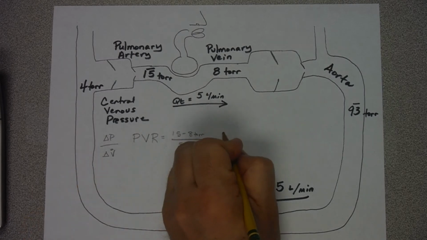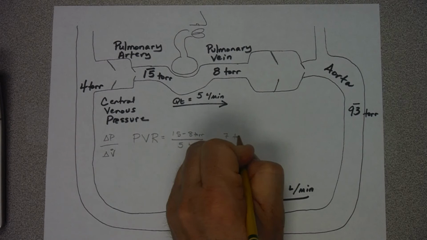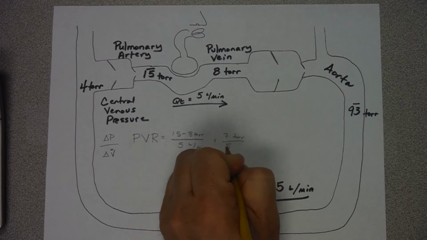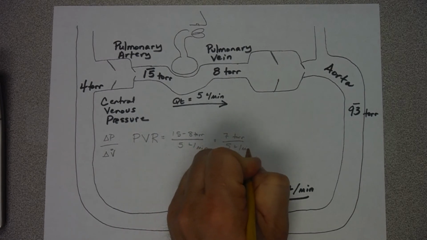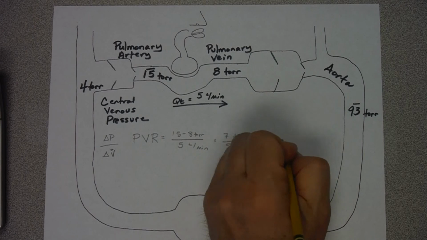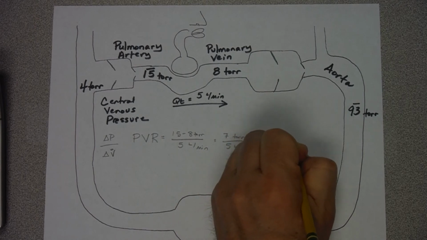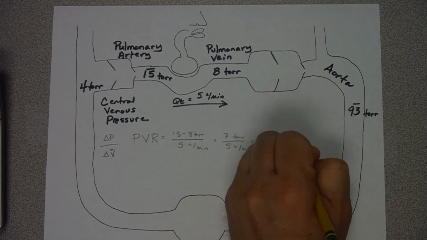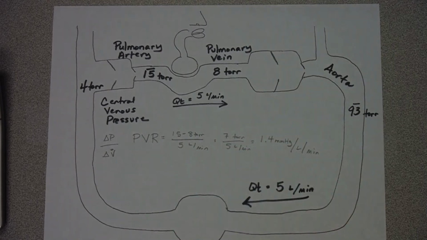Simple as that. When you solve, you'll see 7 torr over 5 liters per minute. I think the math that gave us in class today was 1.4 torr. I'm just going to write this out as millimeters of mercury because that's how you usually see it expressed, per liter per minute. Pretty easy calculation.